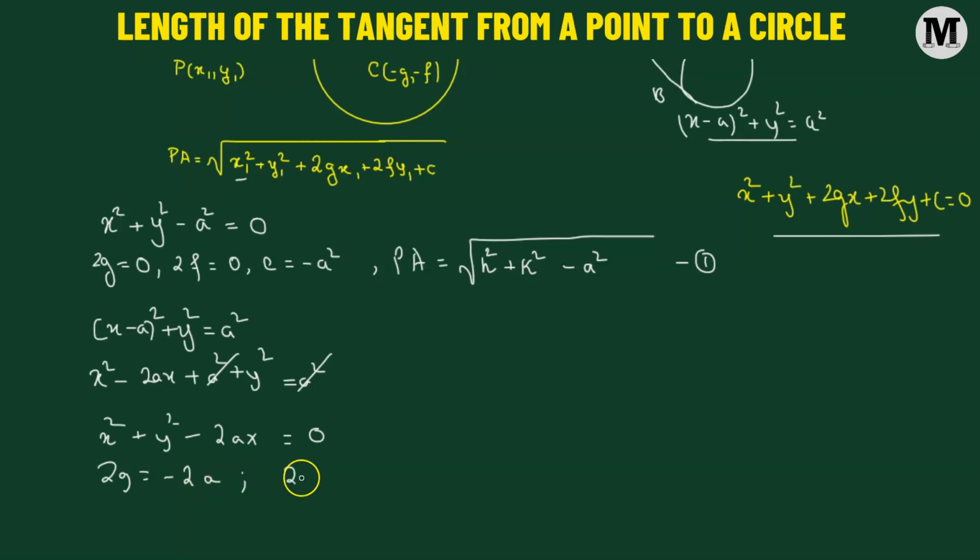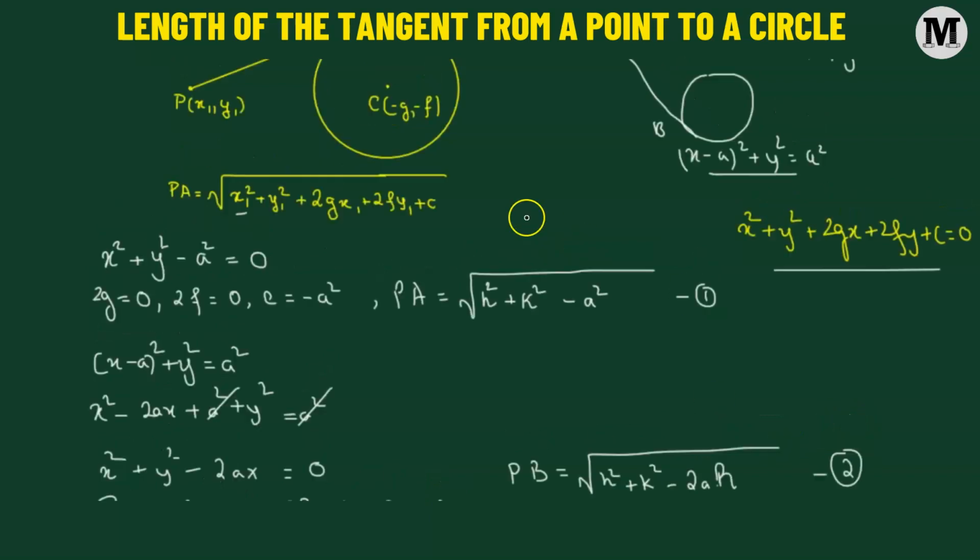Then 2f equals 0, and the c value comes out to be 0 as well. Now the length of the tangent PB is going to be the square root of h squared plus k squared plus 2gx, where 2g is negative 2a multiplied by x, which is the x coordinate of the point P, so that's h. Then 2f is 0, and c is 0 as well. So this is going to be the length of PB.